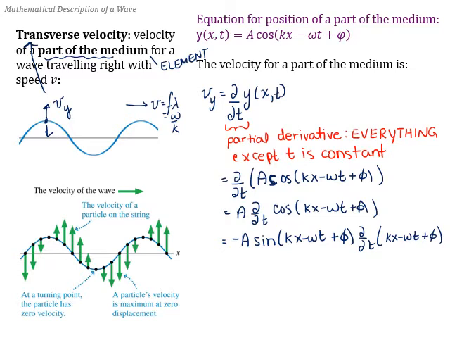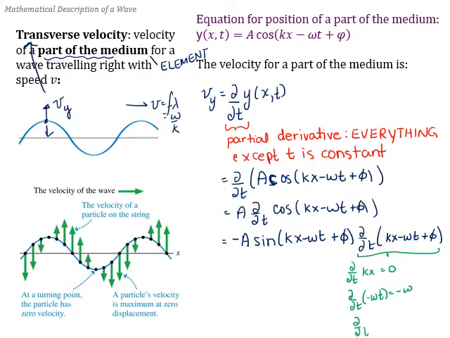Okay, almost done now. Let's just look at the details of this guy. So the derivative of kx with respect to t equals 0, because k is constant and we're treating x as constant. The derivative with respect to t of minus omega t is minus omega.